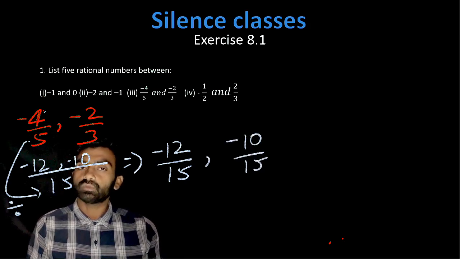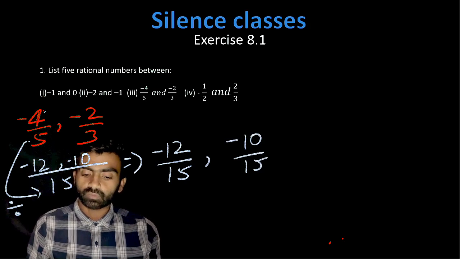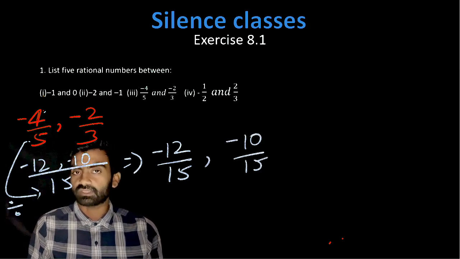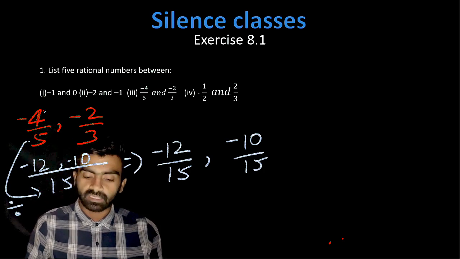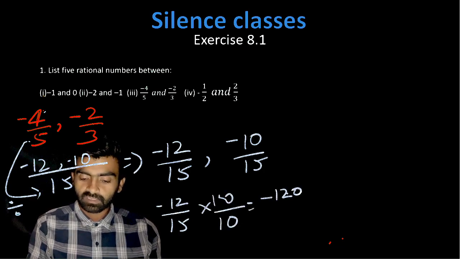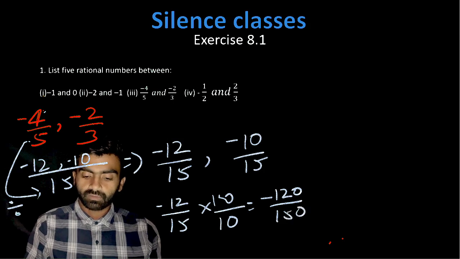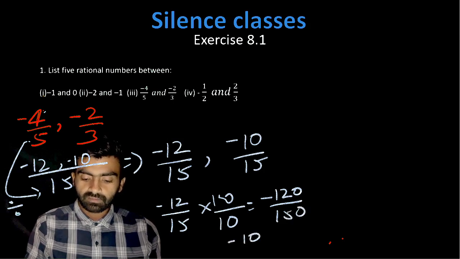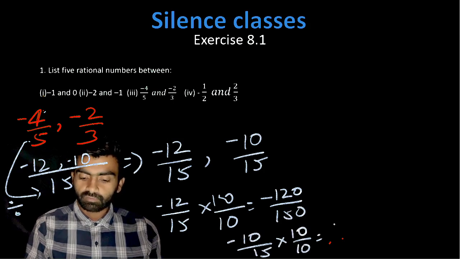Over here also, between these two we cannot find 5 rational numbers, so we have to multiply these rational numbers by 10. Minus 12 upon 15 multiplied by 10 upon 10 gives minus 120 upon 150. Minus 10 upon 15 multiplied by 10 upon 10 gives minus 100 upon 150.